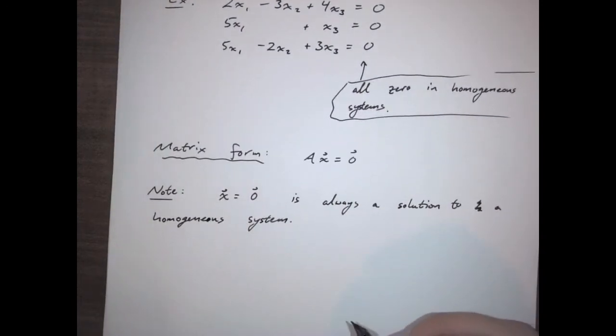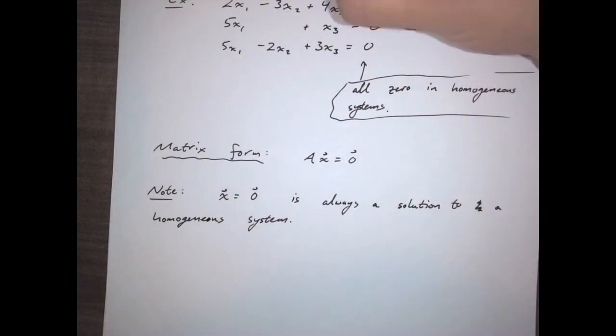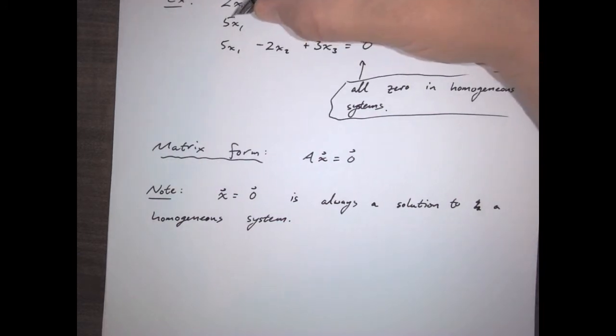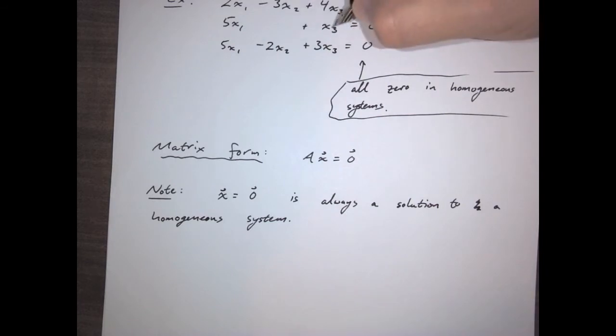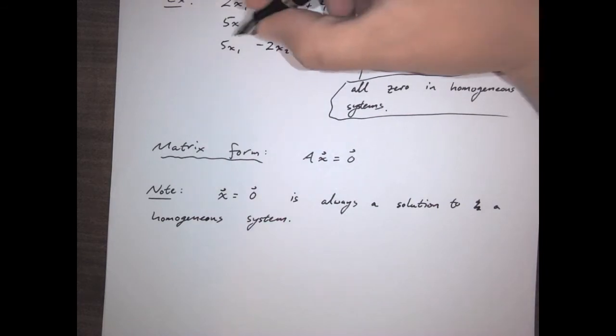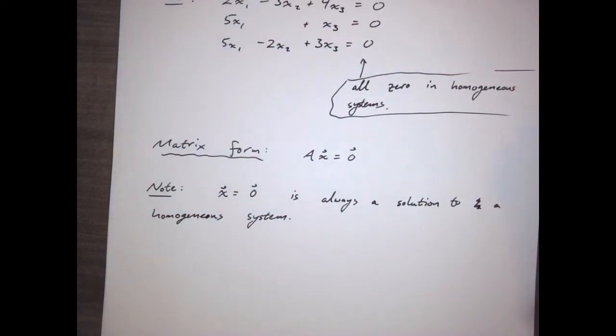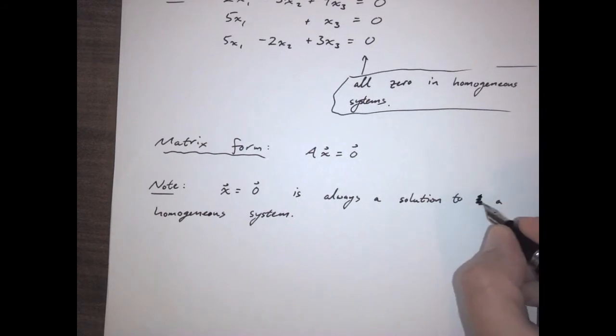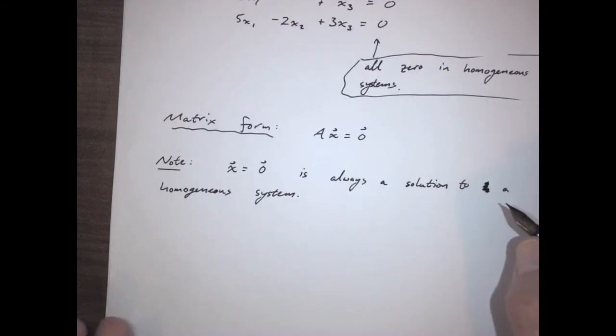And it's called the trivial solution because it is trivially true that if you were to take 2 times 0 minus 3 times 0 plus 4 times 0, you will sure enough get 0. If you do 5 times 0 plus 0, you will sure enough get 0, and so on. Where there are no constant terms, zeros all around are just going to produce a 0.